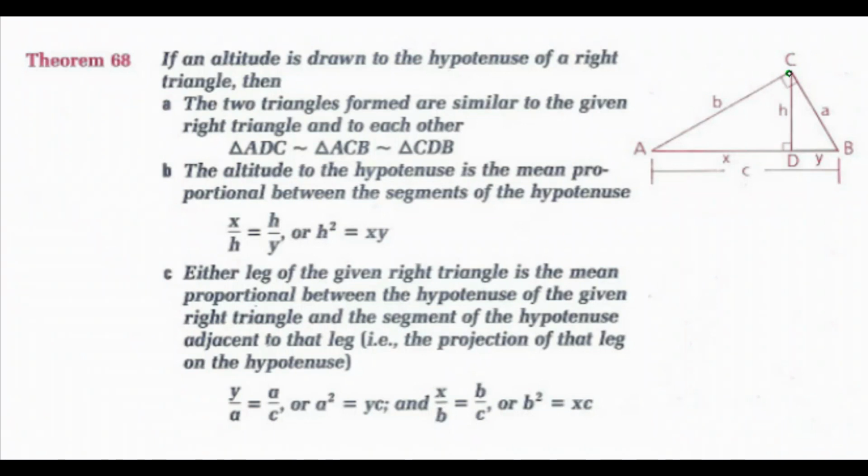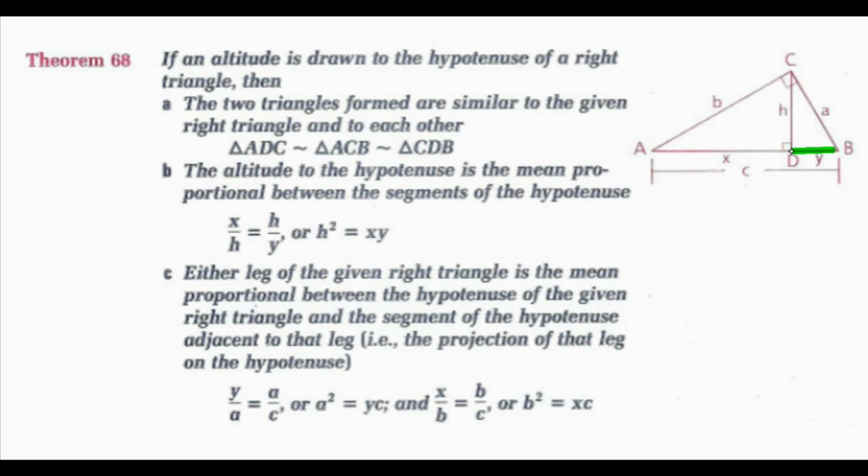So if h is the altitude, then that's the mean proportional between x and y, or h squared is equal to x times y. And then either leg of the given right triangle is the mean proportional between the hypotenuse of the given right triangle and the segment of the hypotenuse adjacent to that leg.